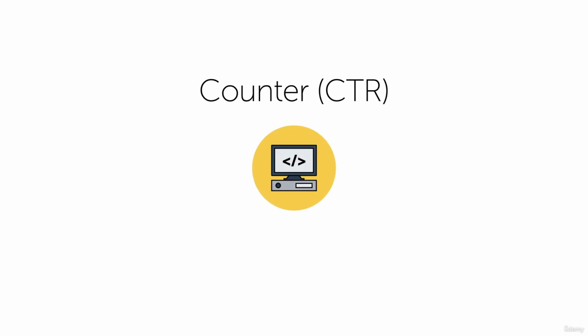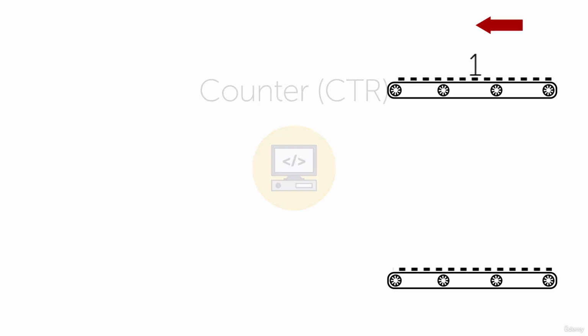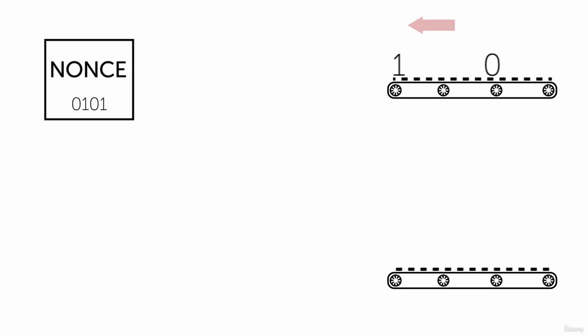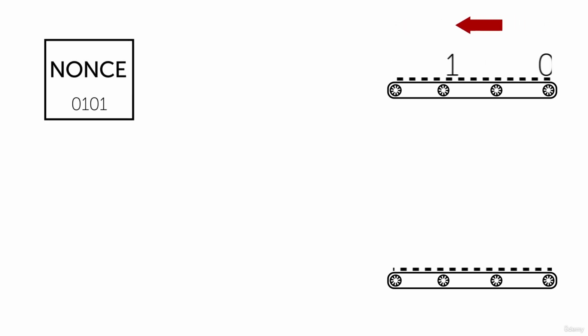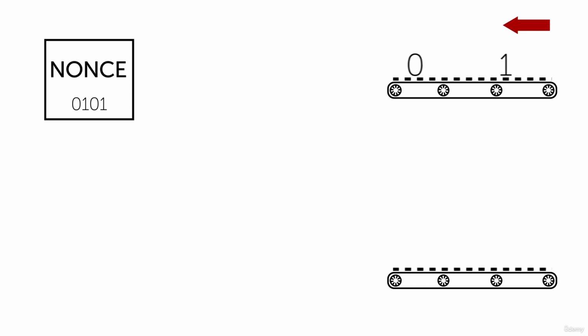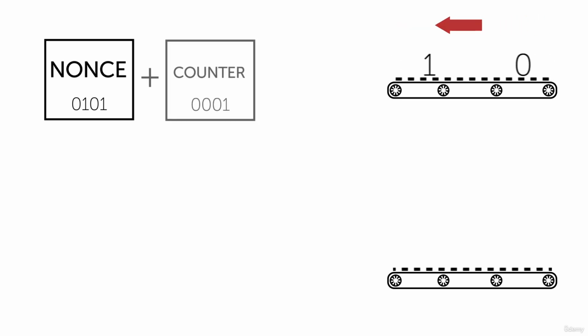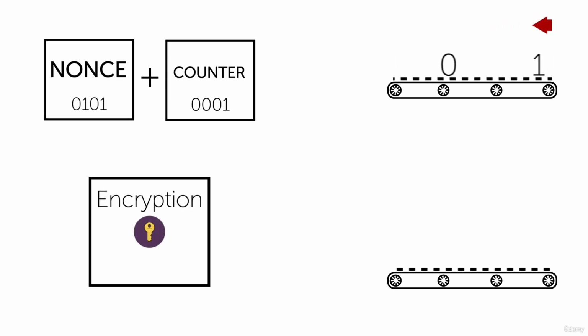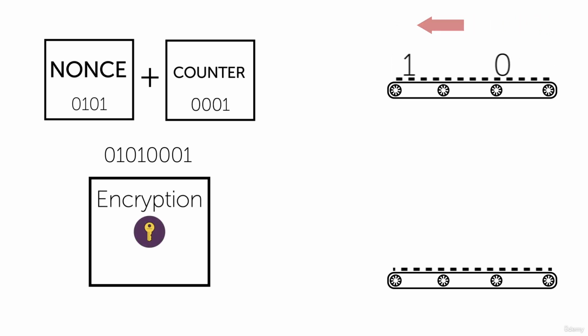CTR, or counter, is a little bit different than the others. In this particular case, we're going to have a nonce value. Now, in this particular example, it's only 4 bits long, but again, in the real world, it's much bigger than this. And then a counter value that continues to increment in binary. So in this case, we're going to combine the nonce and the counter.